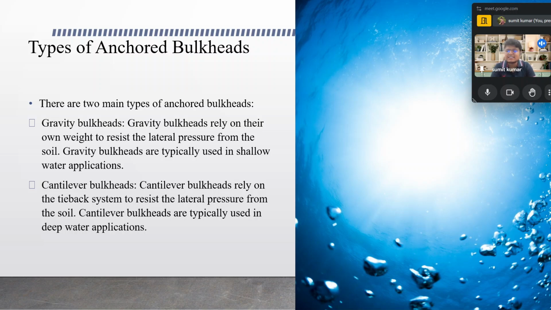Gravity bulkheads rely on their own weight to resist the lateral pressure from the soil, and they are typically used in shallow water applications. Similarly, cantilever bulkheads rely on the tieback system to resist the lateral pressure from the soil, and are typically used in deep water applications. It is the opposite of the gravity bulkhead. Gravity bulkhead is used in shallow water applications where the depth is less, and the cantilever bulkhead is used in deep water. As gravity bulkheads rely on their own weight, that is also one of the reasons, and in cantilever, the tieback system is used to support them.